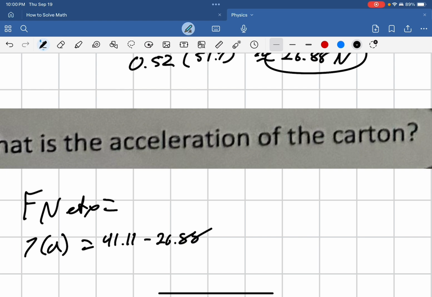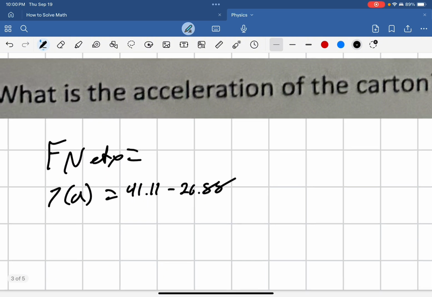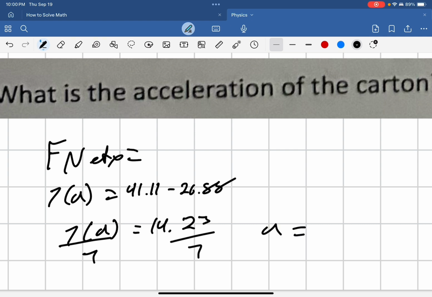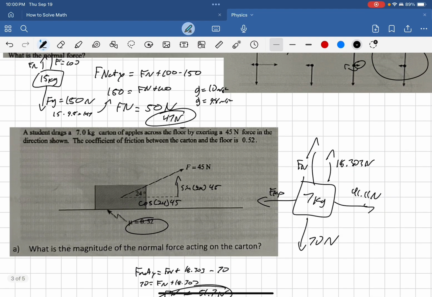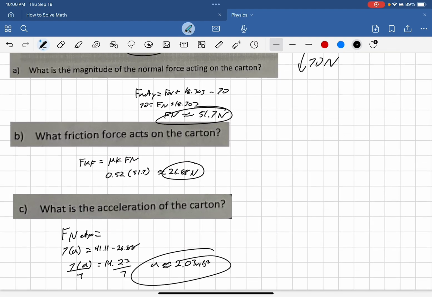We subtract that out, 41.11 minus 26.88, and we get 7 times a is equal to 14.23. Divide both sides by 7, and a is around 2.03 meters per second squared. There's your answer for that one.